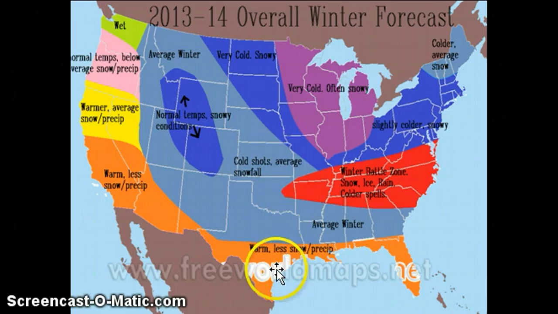And then the southern states will be warm with less snow and rain. The majority of these places don't even see snow anyways. In the yellow, it'll be warmer, but they'll still see their average snowfall and rain. In the pink, they'll have normal temperatures, but below average snowfall and precipitation.